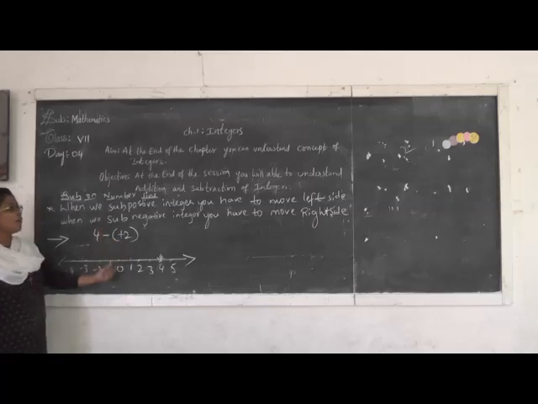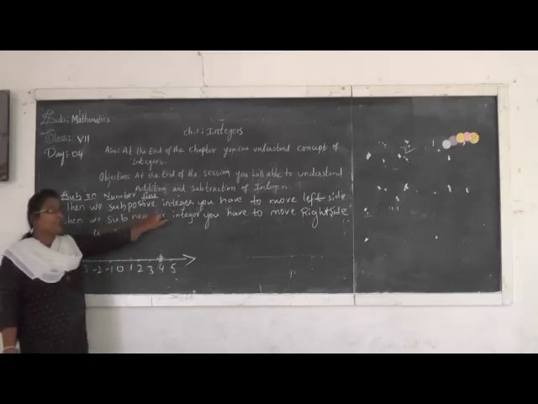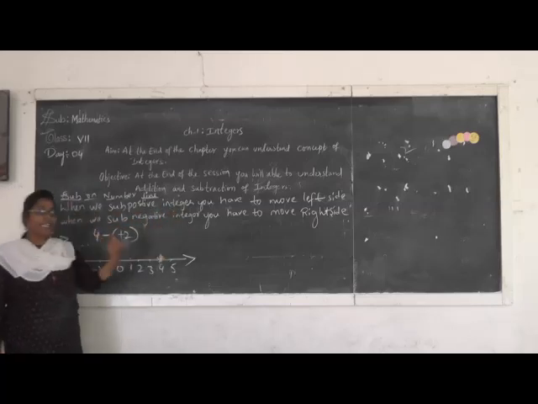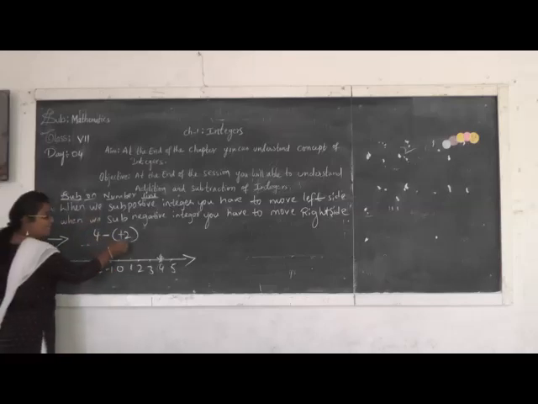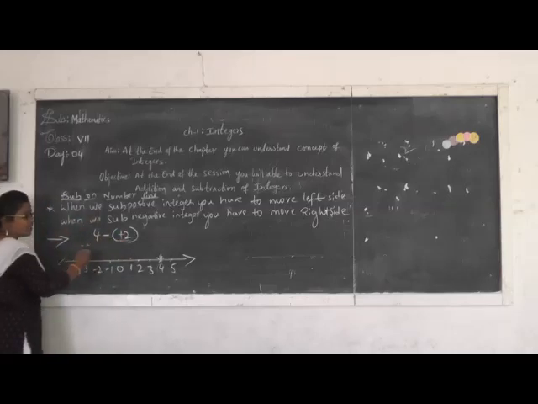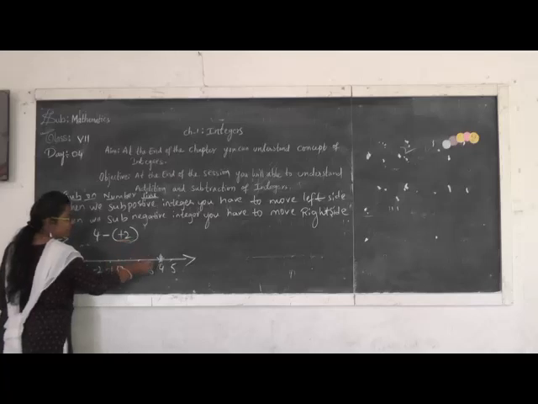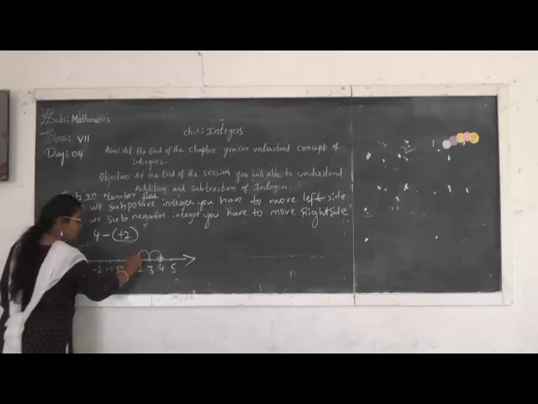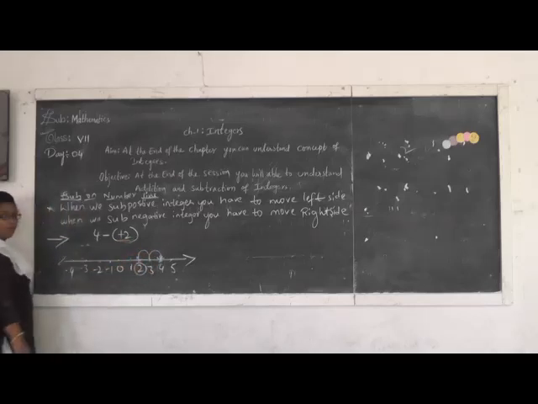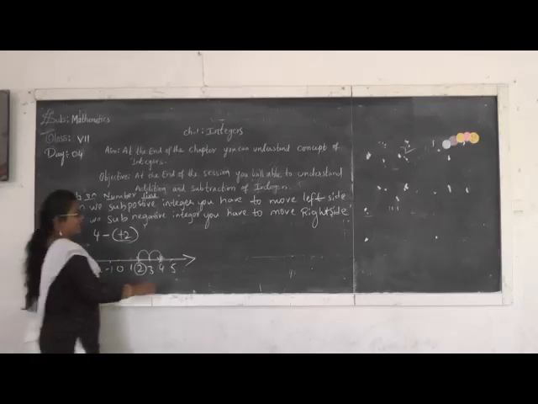When we subtract a positive integer, we should move left side, reverse. 2 steps now. 1, 2. So the result is 2. Understand?